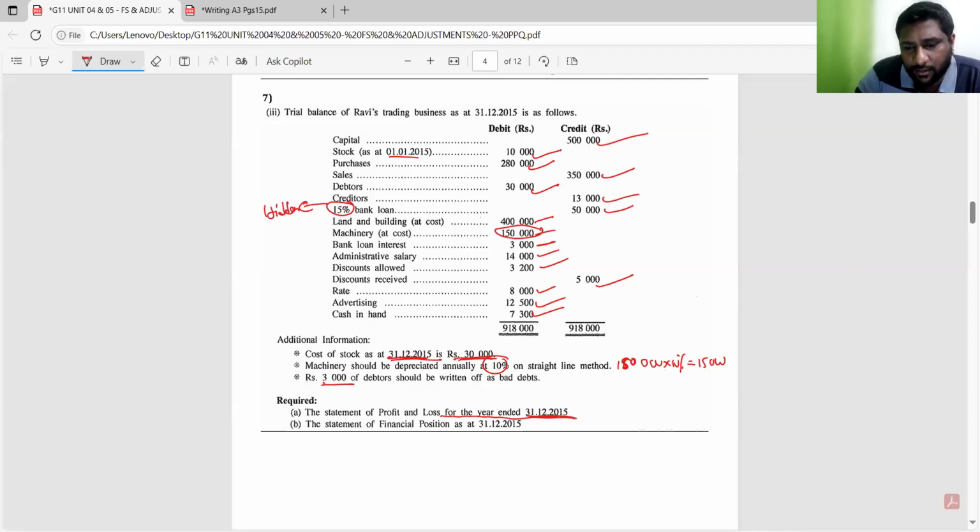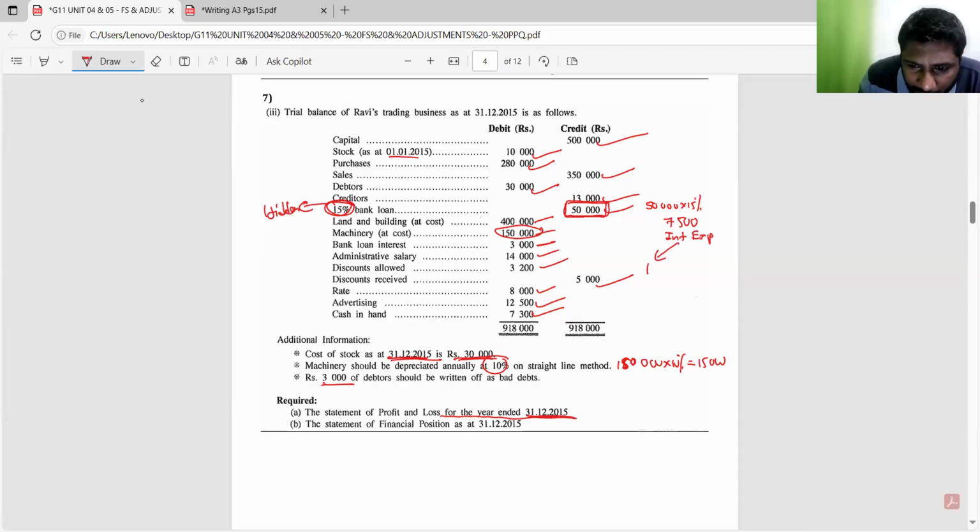Stop writing. Our bank loan is 50,000, and for the 50,000 the interest rate is 15%. So 15% of 50,000 is 7,500. Our interest expense is 7,500.